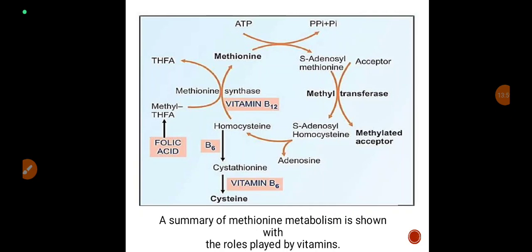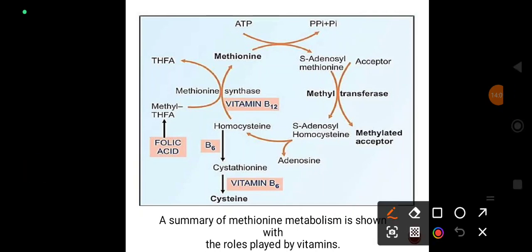So this S-adenosyl methionine, by the methyl transferase reaction, becomes S-adenosyl homocysteine. This S-adenosyl homocysteine, after releasing the adenosine group, becomes homocysteine. From homocysteine, by cystathionine beta synthase, you synthesize cystathionine. By the cystathionase enzyme, in the presence of pyridoxal phosphate, you release cysteine.